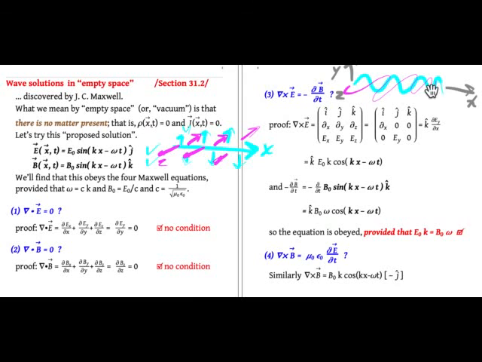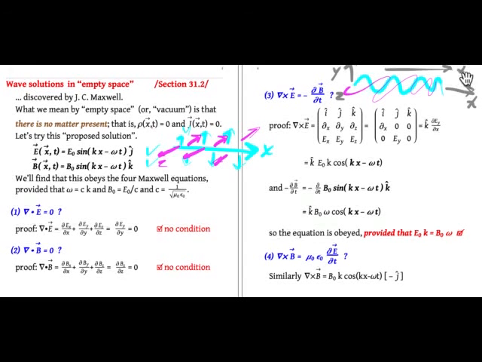So this would be like a snapshot. But if I consider what happens in time, the whole thing moves in the x direction. So this combination of waves moves along in the x direction. All right, so let's call that, like they do in the textbook, the proposed solution. And we'll verify that it obeys the four Maxwell equations.